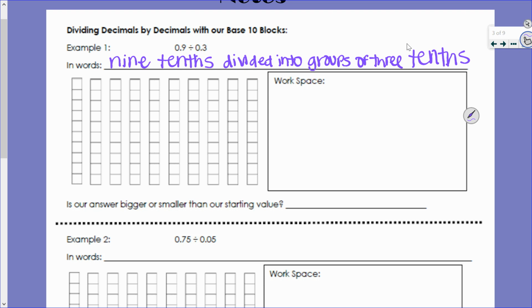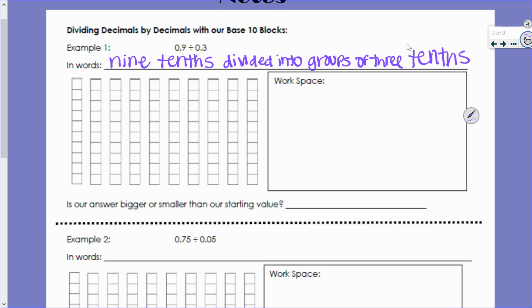Okay. So we have here for you to model. We're going to show you this a bunch of different ways today. Everybody learns differently. You're going to see it in the model, you're going to see division as a fraction, and then we're just going to do old school division with the dividend and divisor. So starting with 9/10 divided into groups of 3/10, the first thing I'm going to do is shade 9/10.